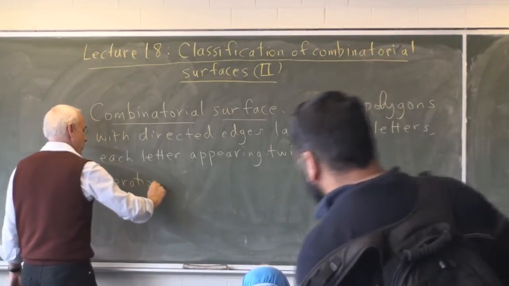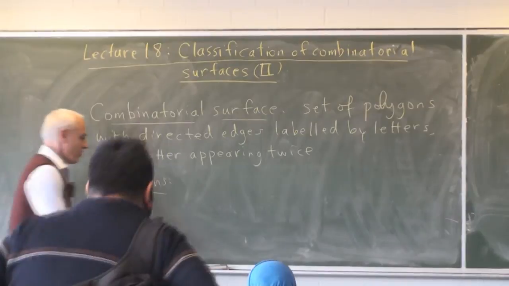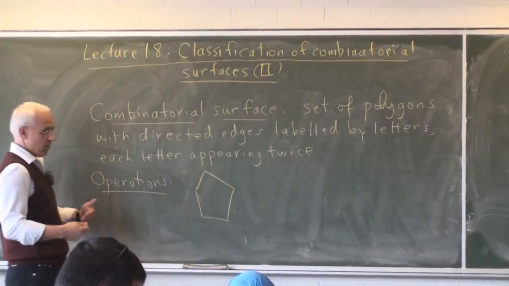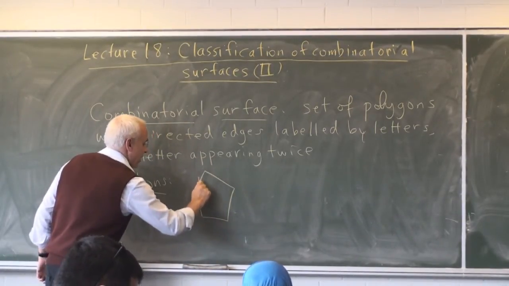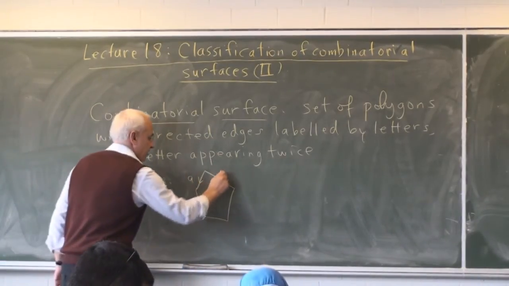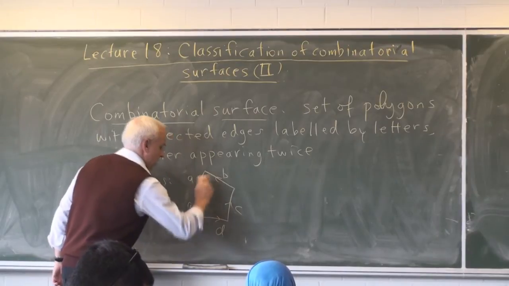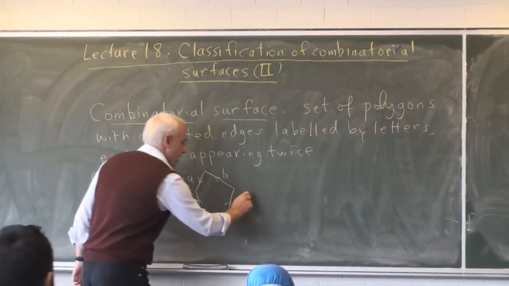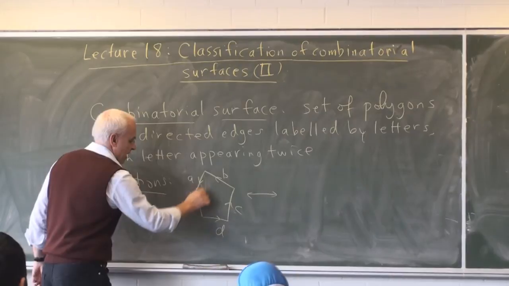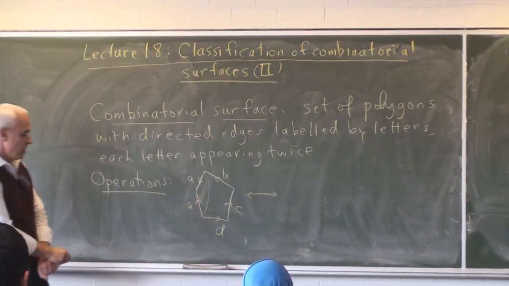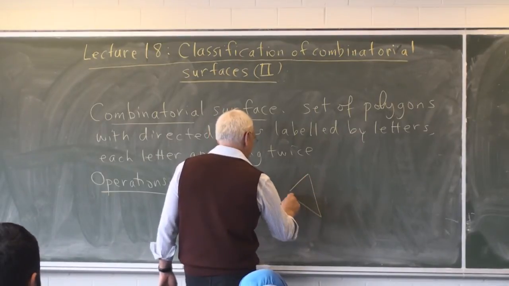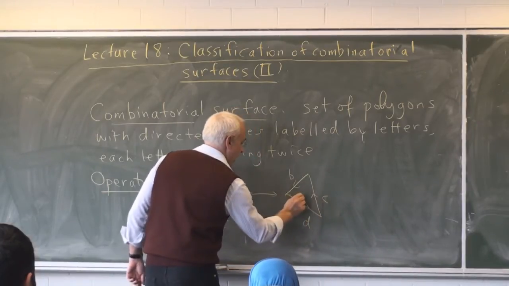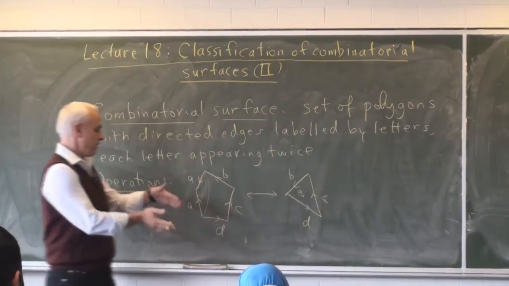And the operations that we're going to be using, there's really only two of them. One of them is to reduce a pair of edges, A. So when we have a situation like this, let's call the other things B, C, D, it doesn't matter what the other ones are, then these two A's have opposite directions, and by identifying or gluing together those two edges, we can go from that to B, C, D, and the edge A is now inside and folded over.